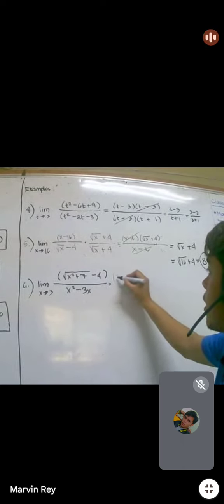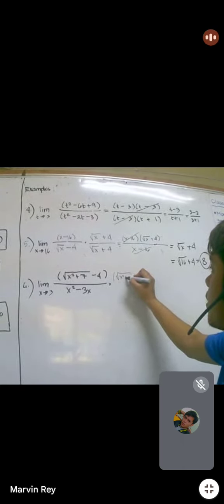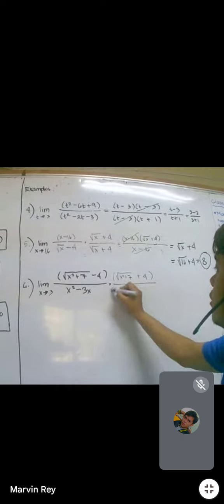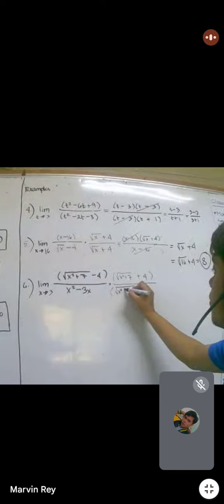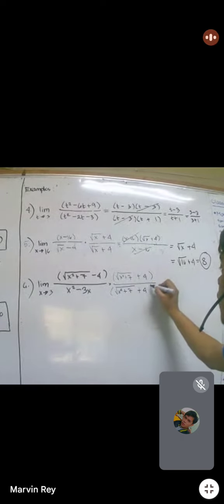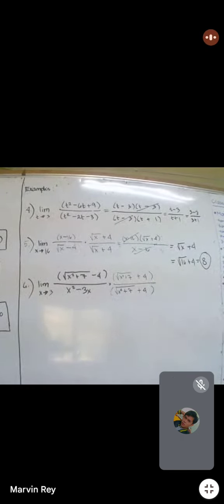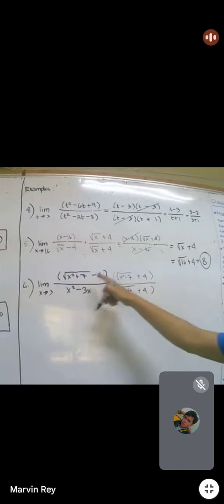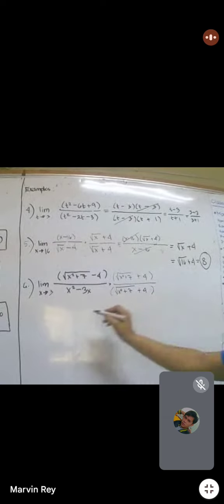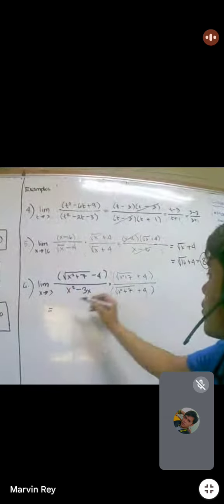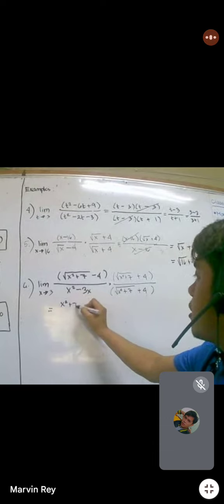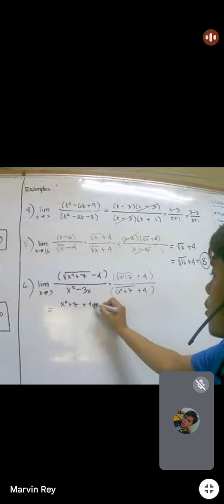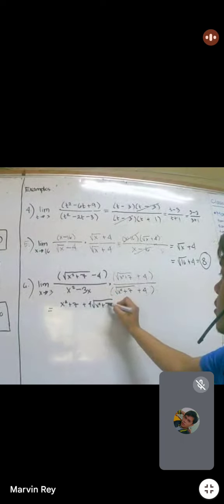So you have to multiply by square root of x squared plus 7 plus 4 all over square root of x squared plus 7 plus 4. Okay? So you just have to do the same procedure. Square root of x squared plus 7 times itself is just x squared plus 7. Then times 4, 4 square root of x squared plus 7.